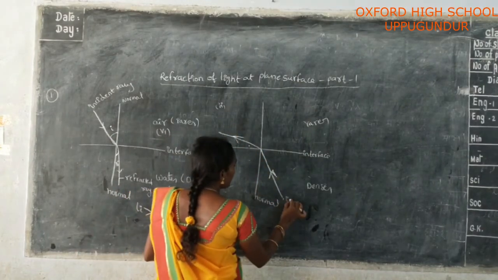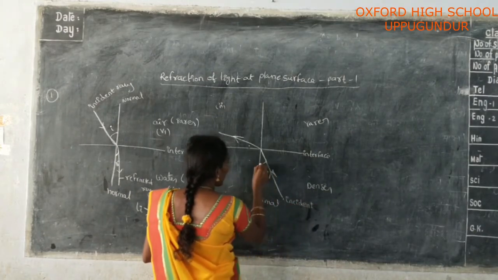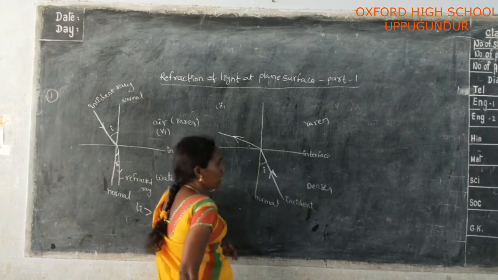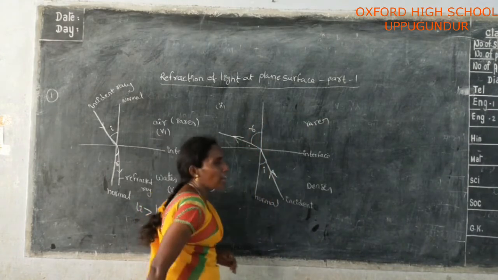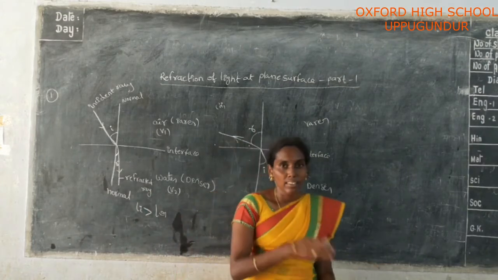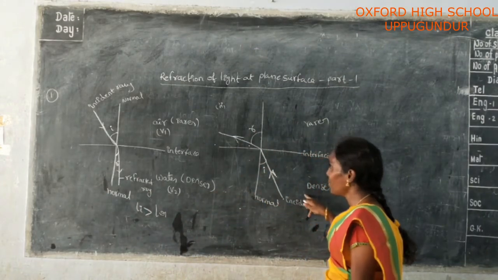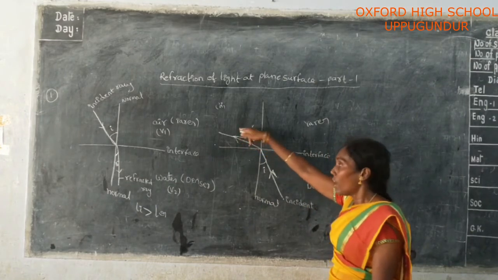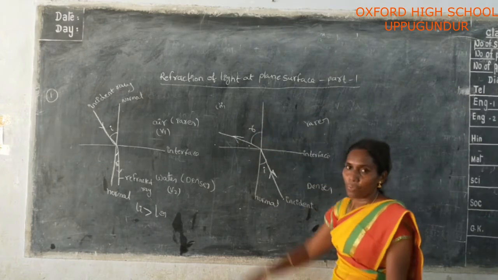Now this is the incident ray. The angle between the incident ray and the normal is called the angle of incidence, represented by I. And this is the angle of refraction, represented by R. This is the second case. When a light ray travels from denser medium to rarer medium, the refracted ray bends away from the normal.